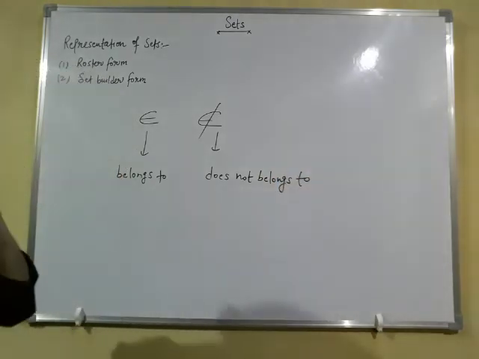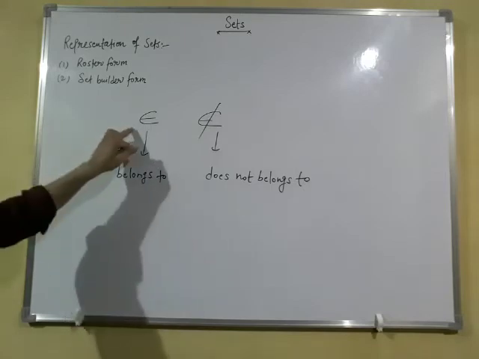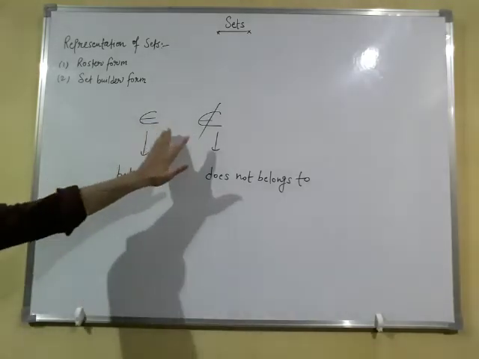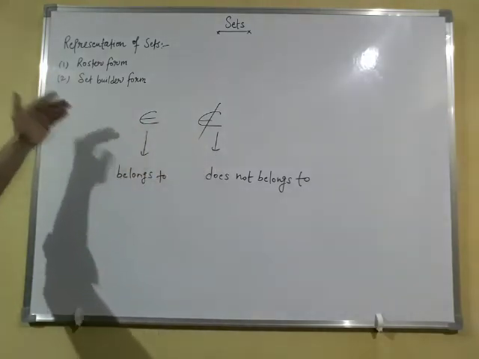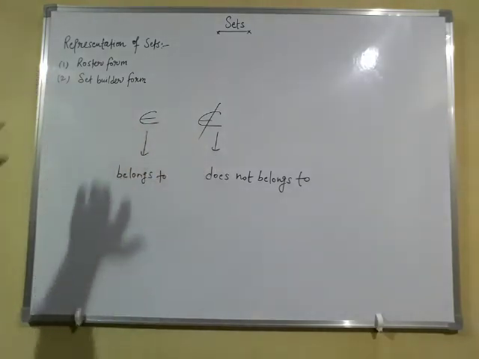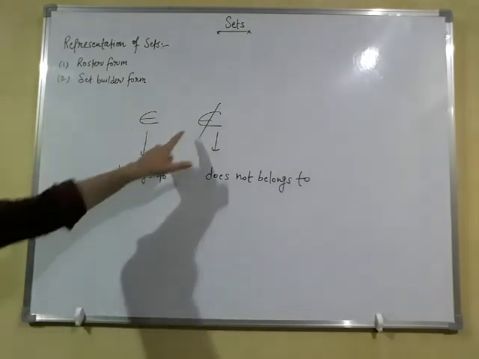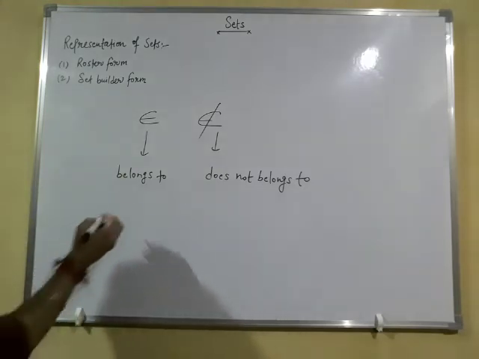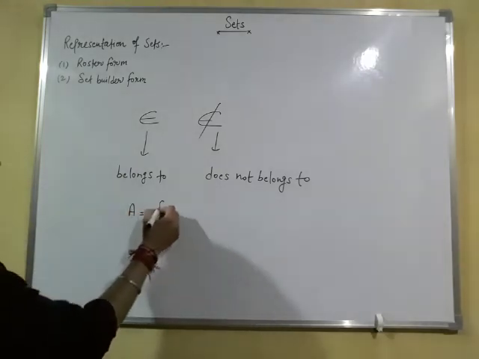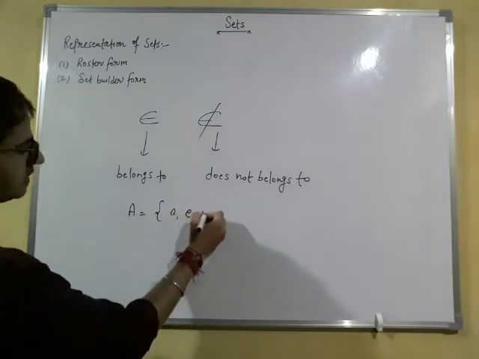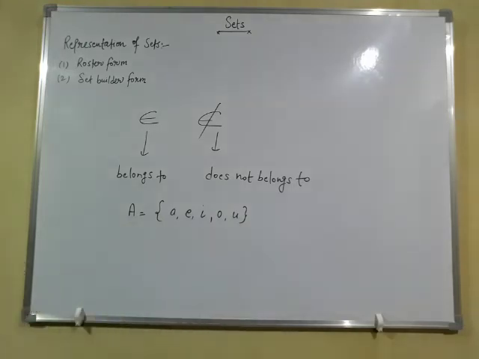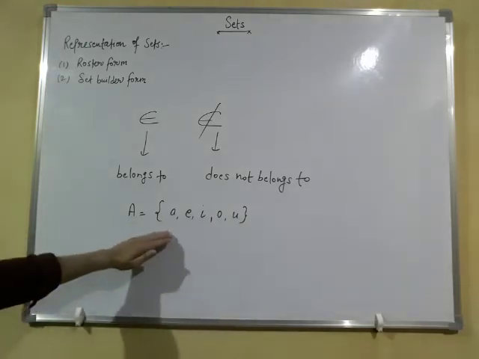So what are the purposes of introducing these two symbols? Because I haven't used these two symbols yet in any of the definitions, belongs to or does not belong to. Then why have I written them here? Yes, capital A is the set of A, E, I, O, U. What do we understand through this set?